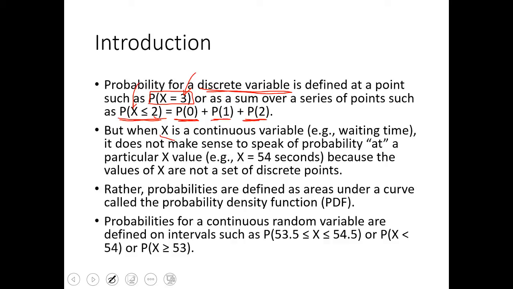But if x is a continuous variable, then the probability for one point is 0. So instead of using the probability of one point, the continuous random variable uses the probability density function.